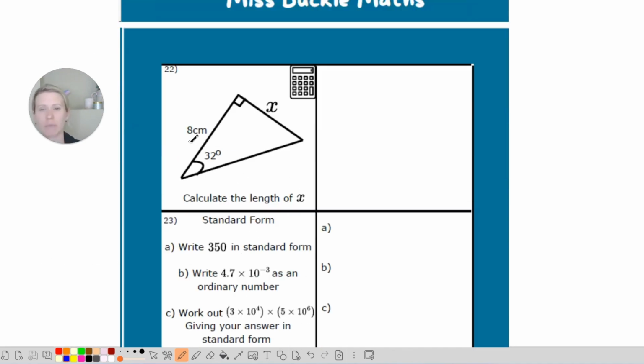Okay, this one here. So we have 2 sides and an angle in a right angled triangle. Now this is a trigonometry question where we're going to use SOHCAHTOA. Your first step of SOHCAHTOA is to label up the sides. So the side opposite the right angle is always the longest side. It's called the hypotenuse.